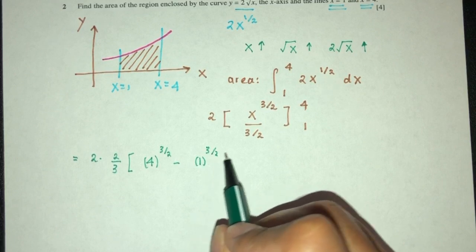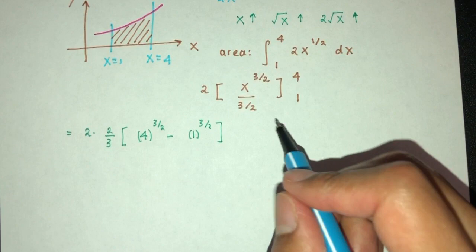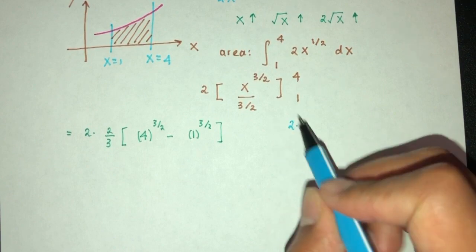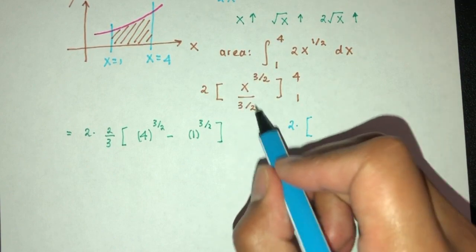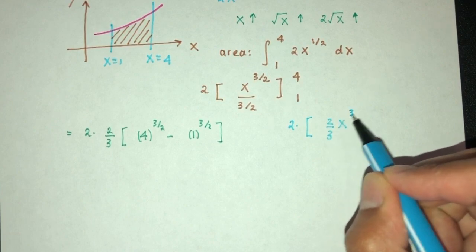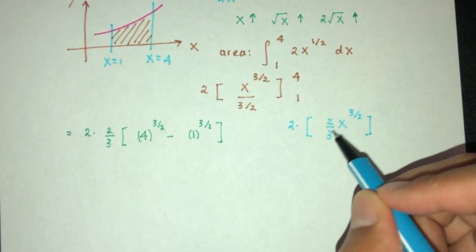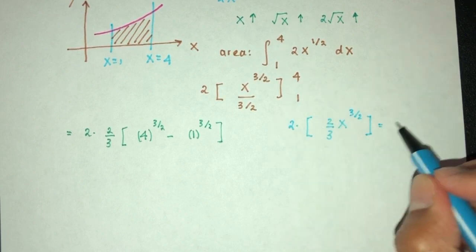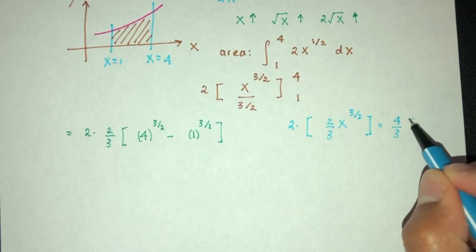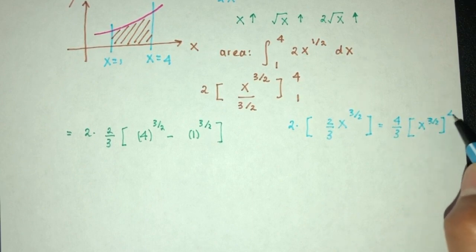So just so you are not confused, I have 2 outside, and on the inside I want to simplify this. This will become 2 over 3 times x power 3 over 2. Realize this one is only a multiple, so I can take this outside. That will be simply 4 over 3, and on the inside I will have x power 3 over 2 with limits 4, 1.